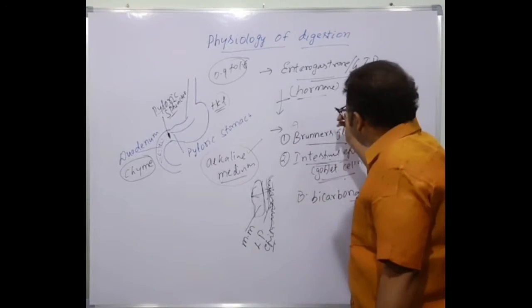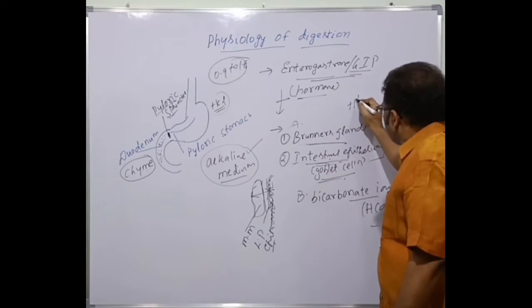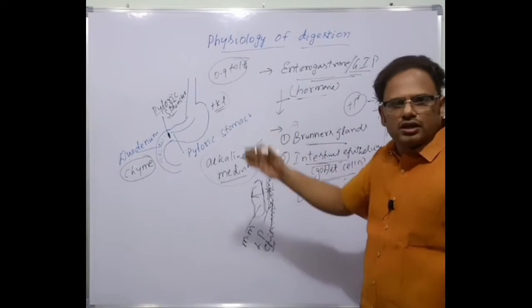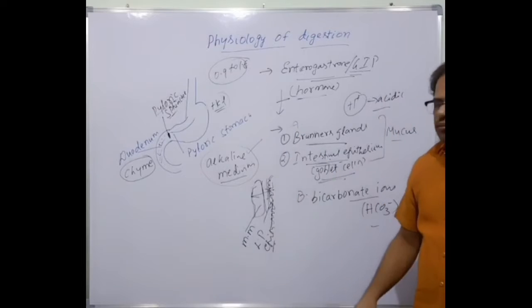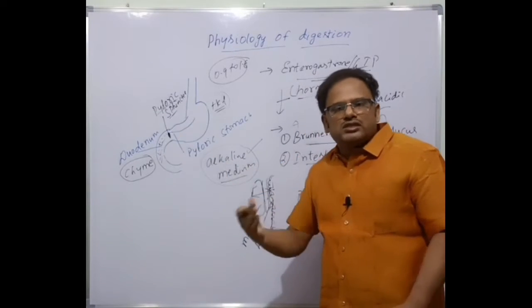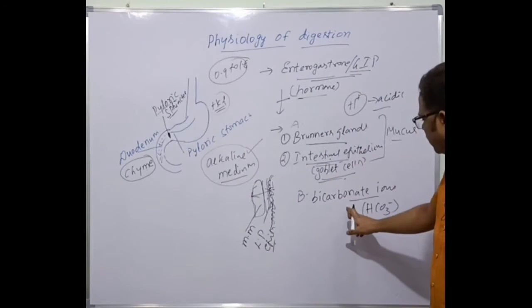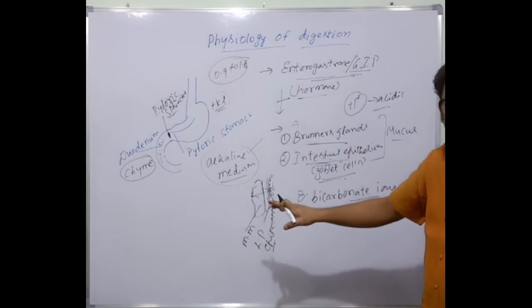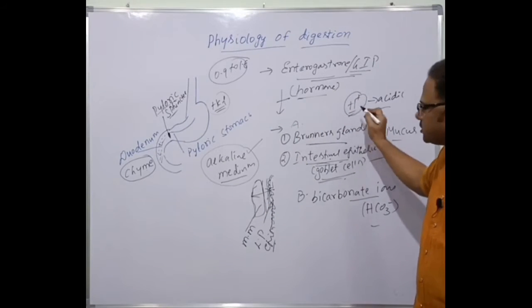Because acidic means H plus. If the H plus ions increase, it leads to acidity. But here the enzymes are activated only under the alkaline medium. So the bicarbonate ions, HCO3 minus, must be released to buffer the influence of H plus, isn't it? Buffer.